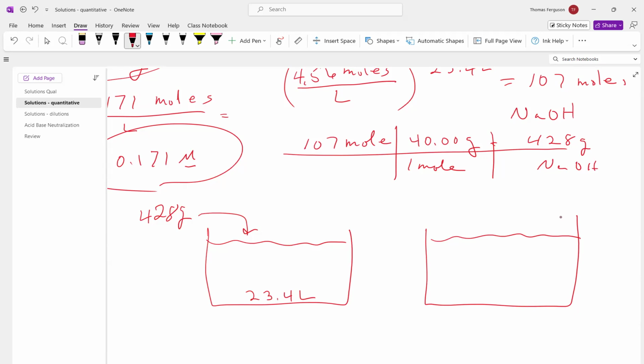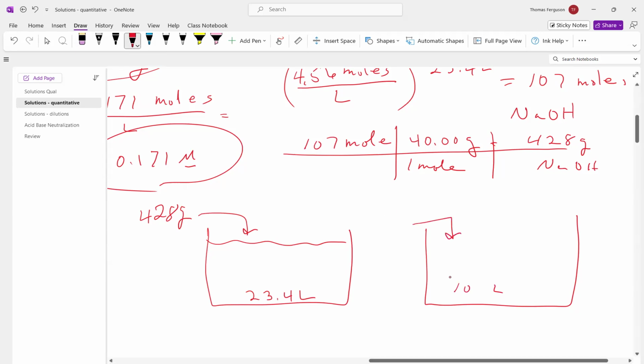So the way to do it and keep it at 23.4 is to start with a small amount of water, something less than 23.4. Let's say 10 liters. It doesn't matter as long as it's below 23.4.